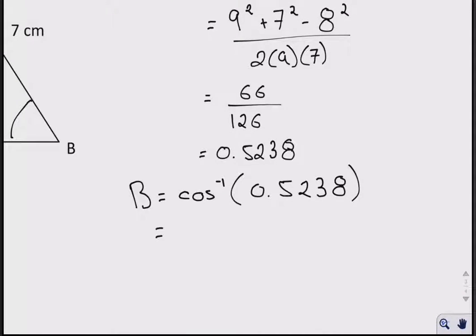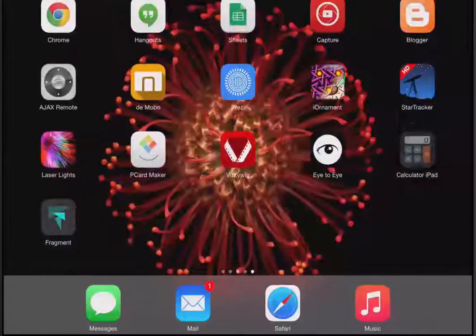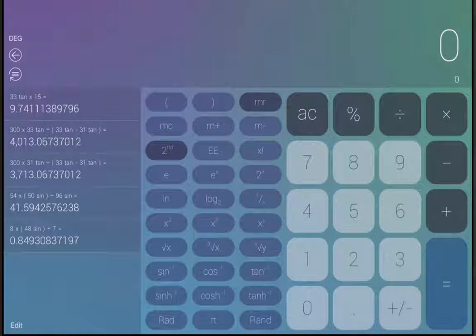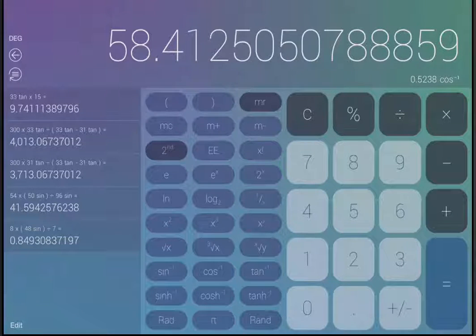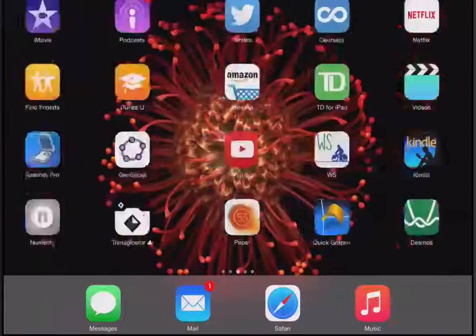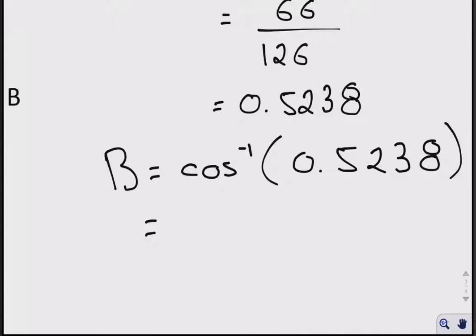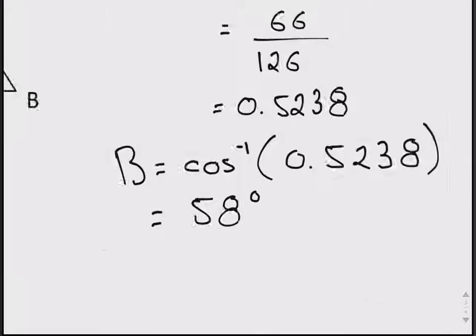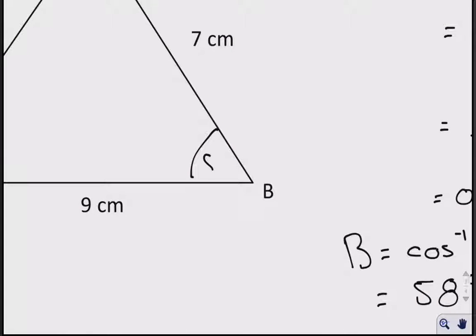And let me see what that yields. Go to our calculator. 0.5238. Second function, cos inverse, that will give me 58.4. Let's just leave it at 58 degrees. So B is 58 degrees. Excellent. Write that in there.